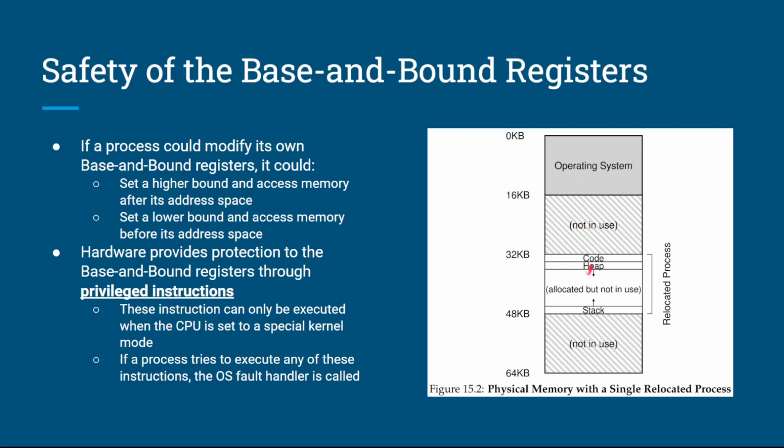So maybe it needs to switch from this process, which is at 32 kilobytes, to another process that is in memory. Say there's one here at 16 kilobytes. The operating system would use these privileged instructions to change the base register to 16 kilobytes and then return control back to the process, switching to user mode so that when this process runs, it will run in user mode.